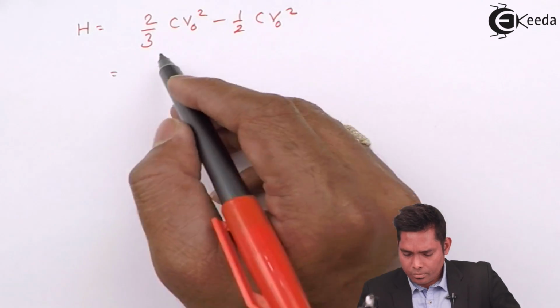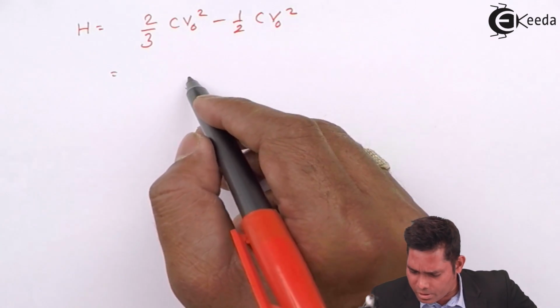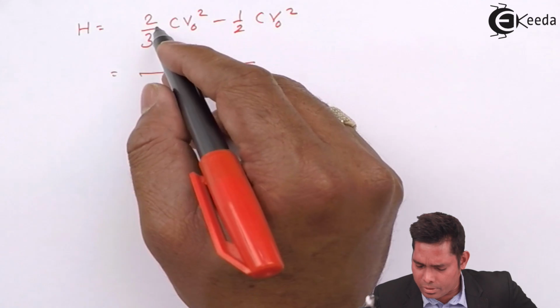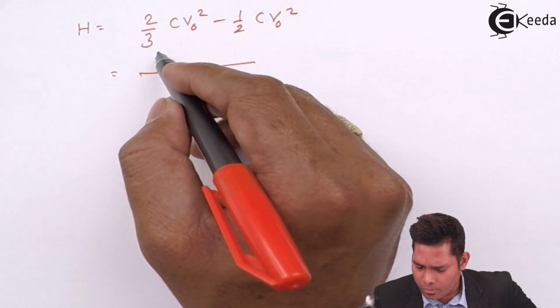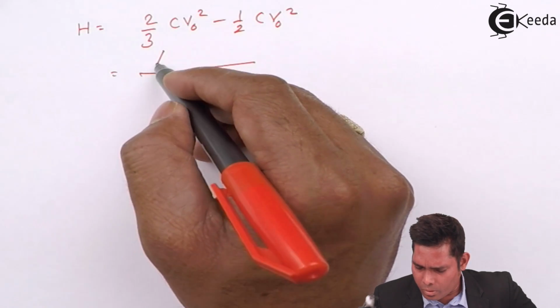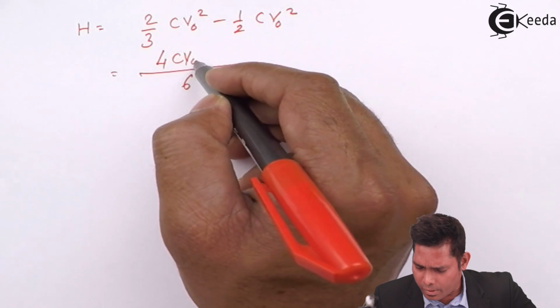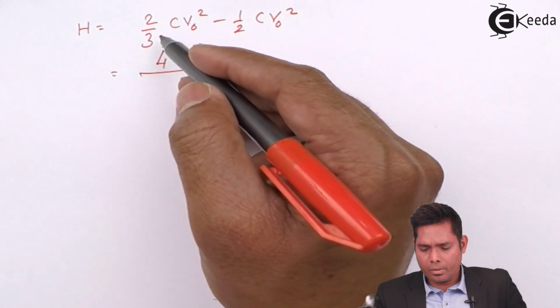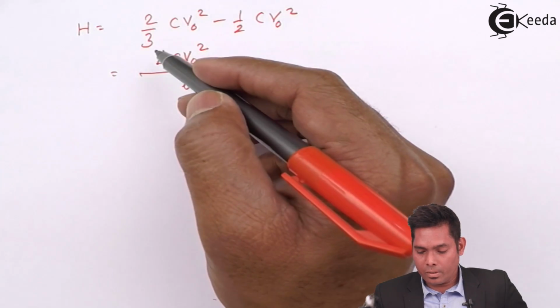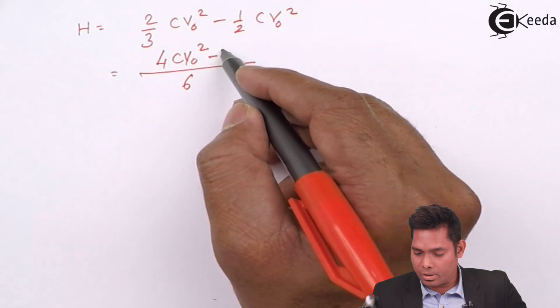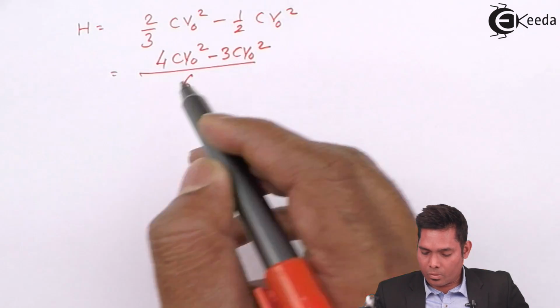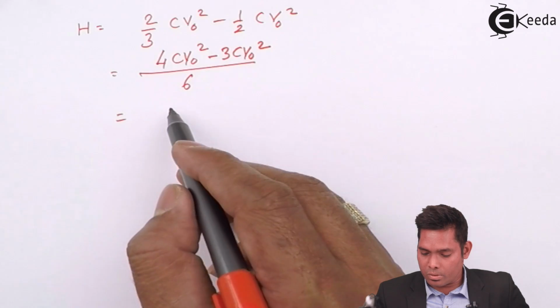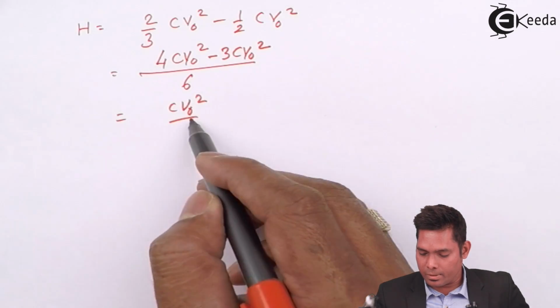So this actually comes out to be 6 as the LCM, and this is 4 CV naught square, and this is minus 3 CV naught square. So this is 4 minus 3, so CV naught square by 6.